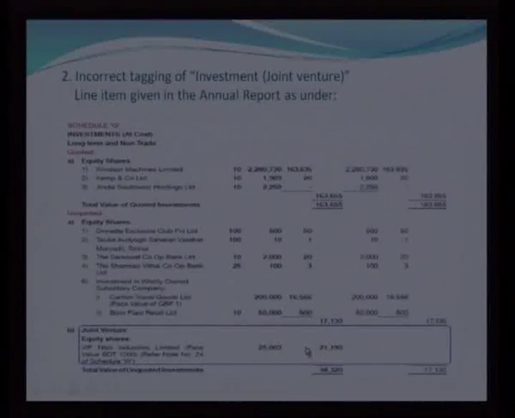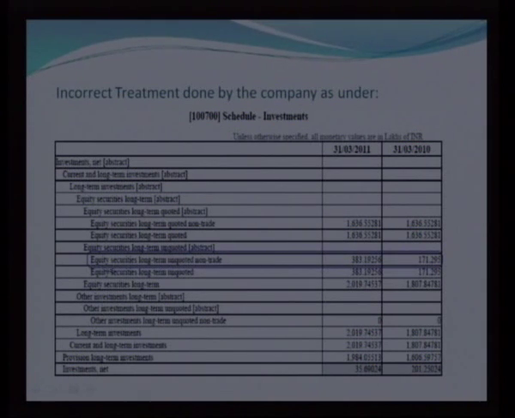Now let's take a few more examples. Here we have a schedule of investments, and clearly it has been shown that in the joint venture we have invested equity of this much amount. Here we have investment in equity shares, and we have tagged it with equity security long-term unquoted non-trade shares, right?